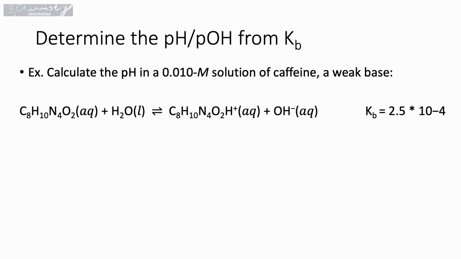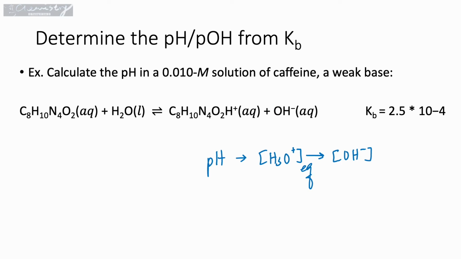Looking at this, we know that we have a Kb for the reaction that is expressed on the left side, and in order to calculate the pH, we have to know the concentration of the hydronium ion, which can be found from the concentration of OH minus, because OH minus is part of the equation.